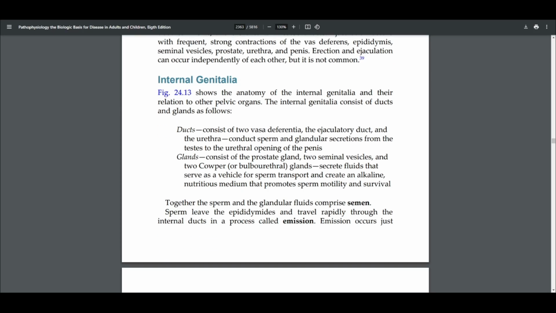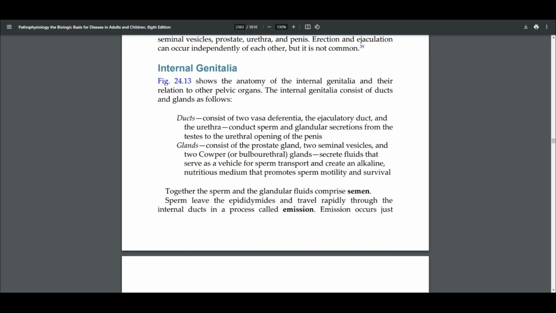So, the internal genitalia. Figure 24.13 shows the anatomy of the internal genitalia and their relation to other pelvic organs. The internal genitalia consist of ducts and glands as follows. The ducts consist of two vasa deferentia, the ejaculatory duct and the urethra. They conduct sperm and glandular secretions from the testes to the urethral opening of the penis.